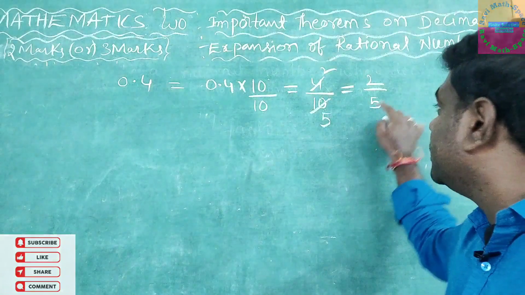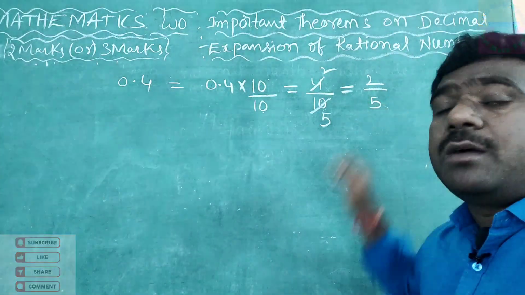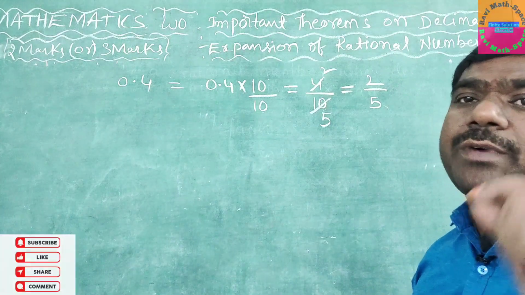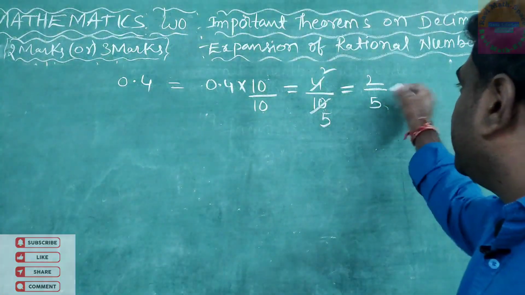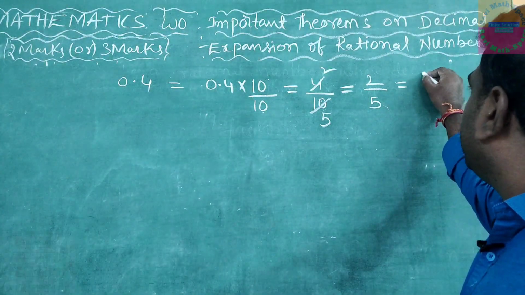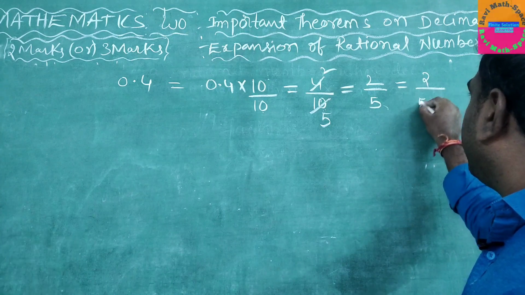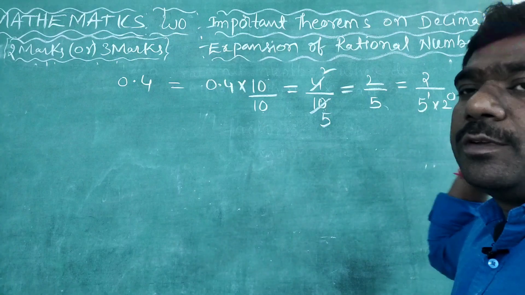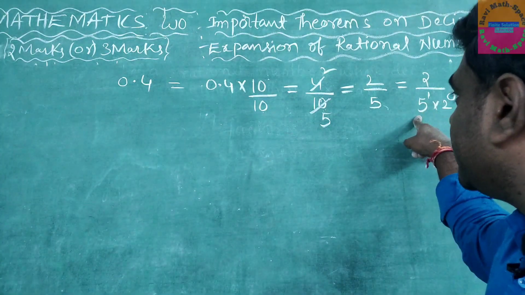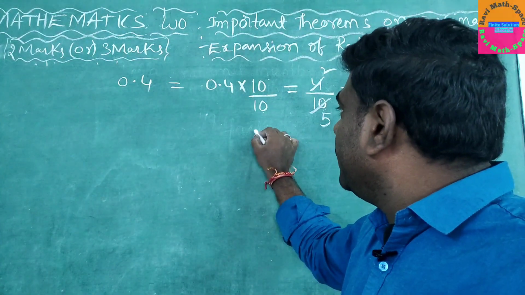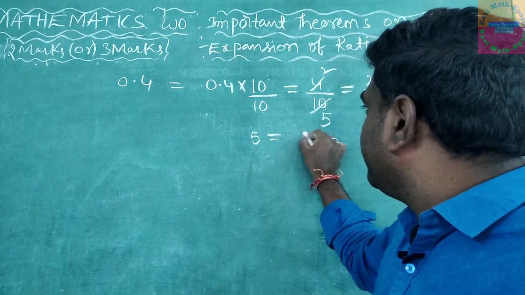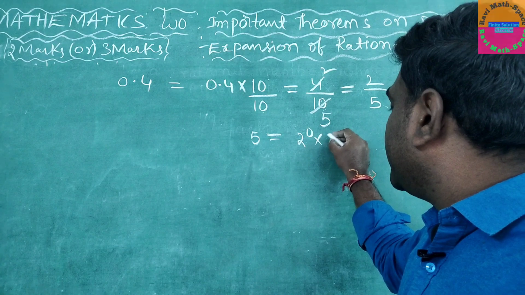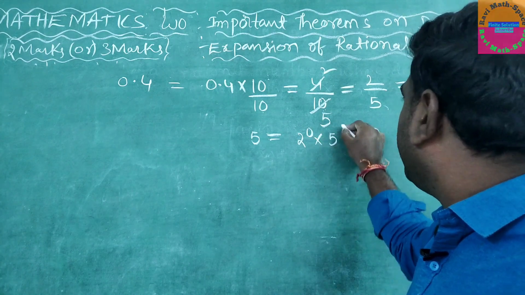Next, the denominator should be in the form of 2 power n into 5 power m. So I can write this as 2 by 5 power n into 2 power 0. So we can conclude that the denominator 5 is of the form 2 power n into 5 power m.